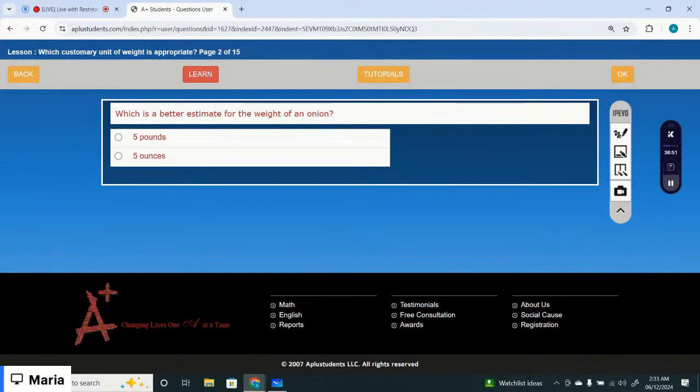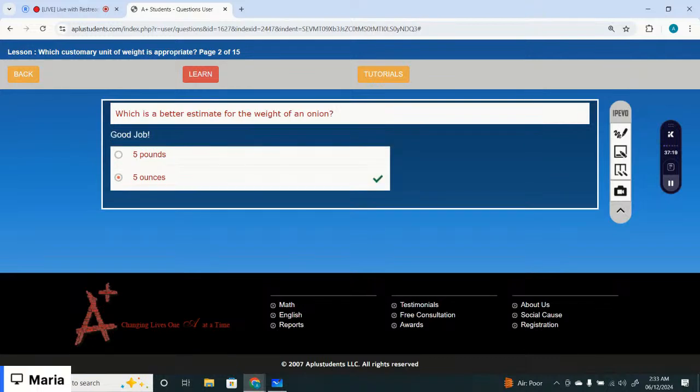Which is a better estimate for the weight of an onion? The weight of the onion is 5 ounces. 5 pounds is too much for the weight of the onion.